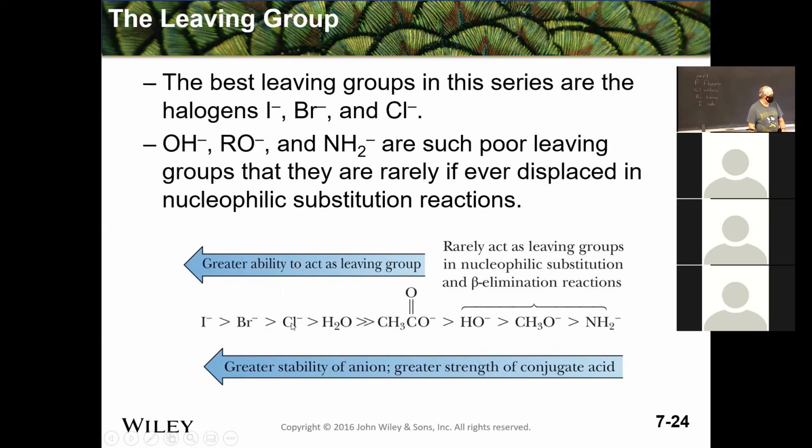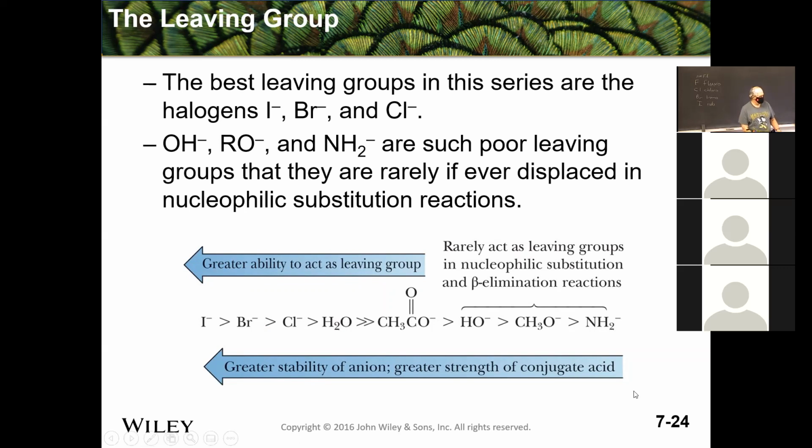Here, iodide is a very good leaving group, an excellent leaving group. Bromide and chloride are also good leaving groups. Water is a fairly good leaving group. These are all much better than any of these. The greater the stability of the anion, the greater the strength of the conjugate acid. You may remember HI, HBr, HCl are all strong acids, so these are weak bases.